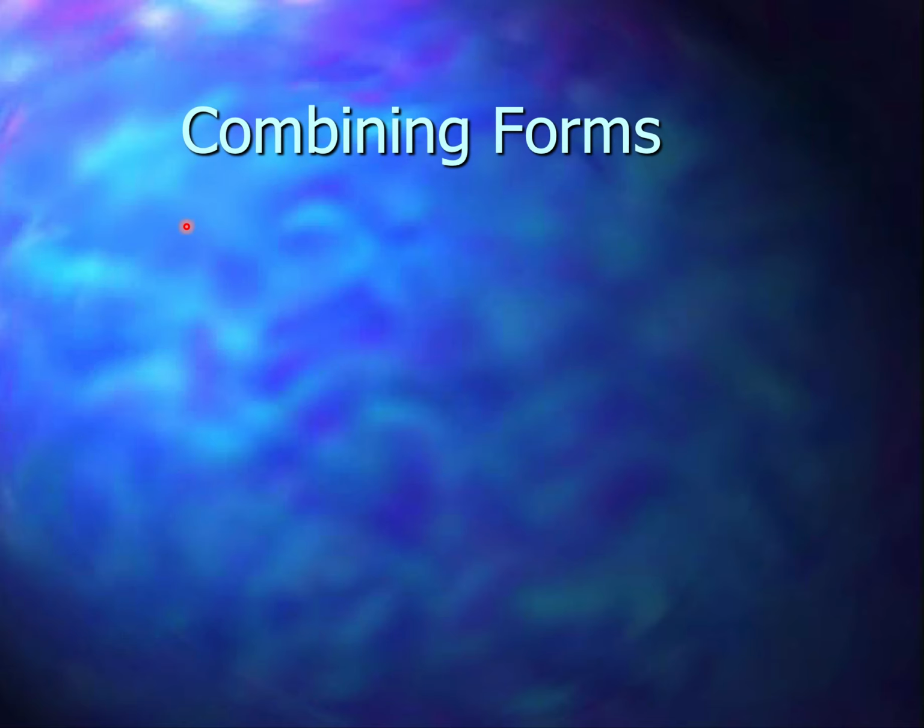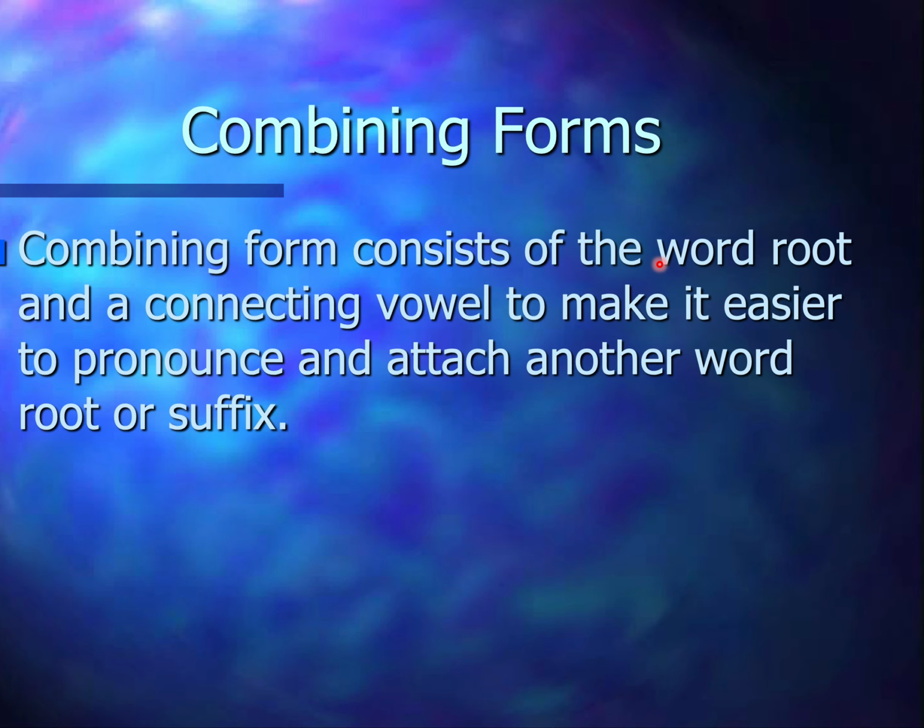We have what we call combining forms. What do we mean by combining forms? A combining form consists of the word root and a connecting vowel to make it easier to pronounce and attach another word root or suffix. What does that mean? We have a root, and then we need to put the suffix at the end of this root.